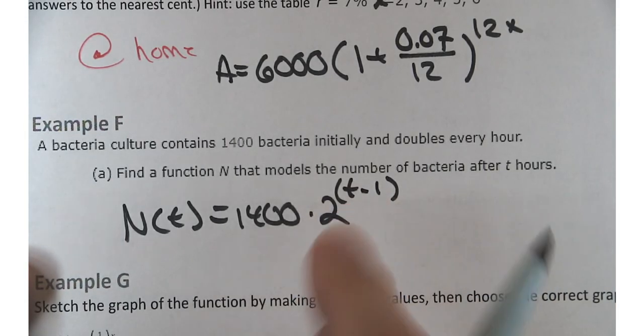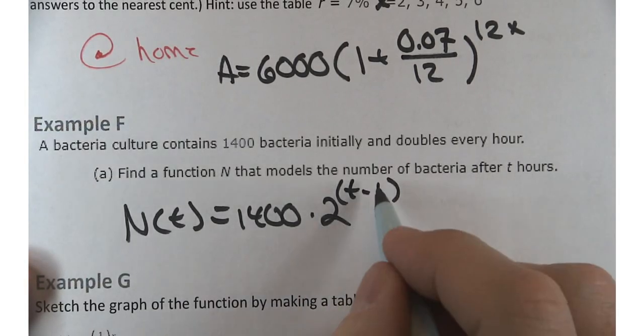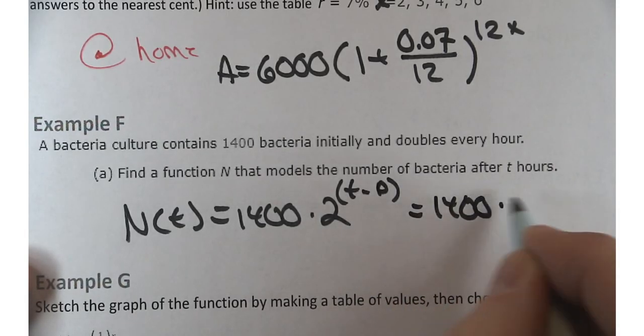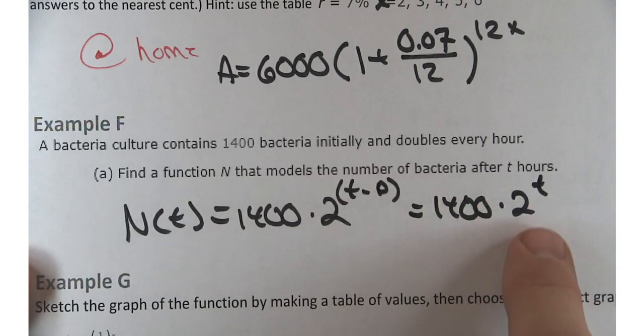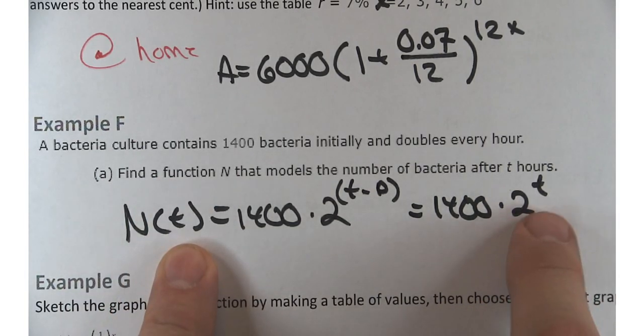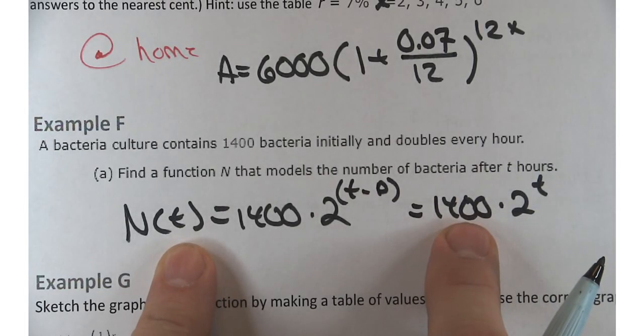Do I need it or no? No, I don't need it. So that's just going to be a T. 1,400 times 2 to the T. Because at time equals 0, when this thing starts, what's 2 to the 0 power going to be? 2 to the 0 would be 1, times 1,400 would give you 1,400.